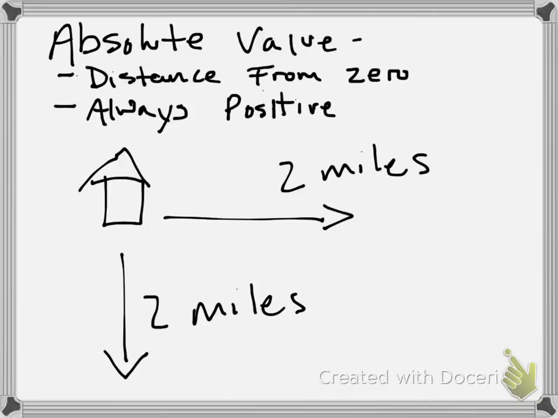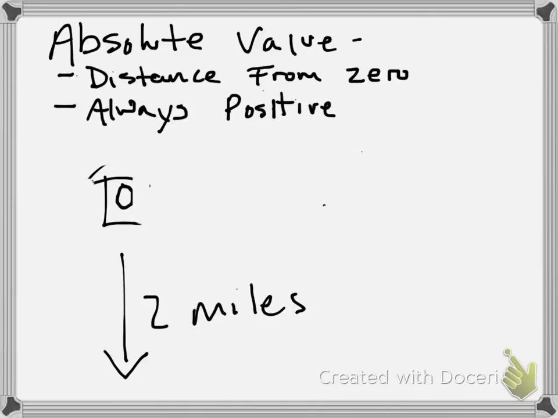You are not negative 2 miles or positive 2 miles. You're just 2 miles from your house. So absolute value, it's kind of like this is zero, and the distance that we are from it is always going to be positive. So let me erase this and we'll have room to do a couple problems here.